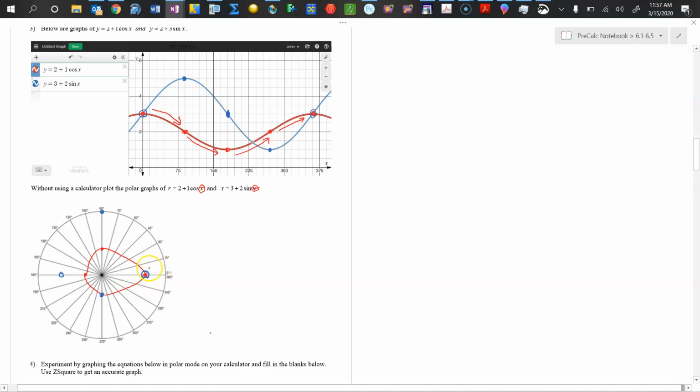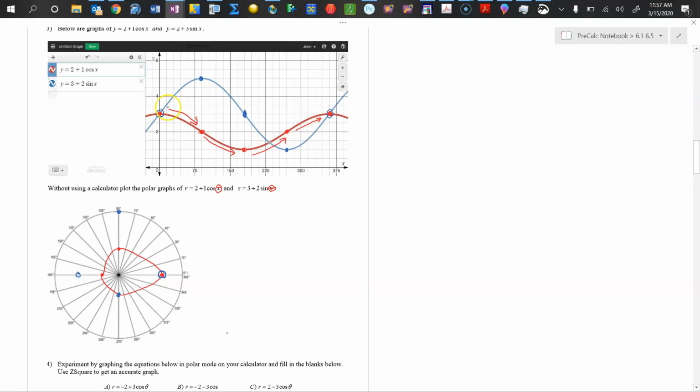And as you can see from the graph up above, between 0 and 90 degrees, r is increasing, so we're getting further away from the pole. Between 90 and 180 degrees, r is decreasing, so we're getting closer to the pole.